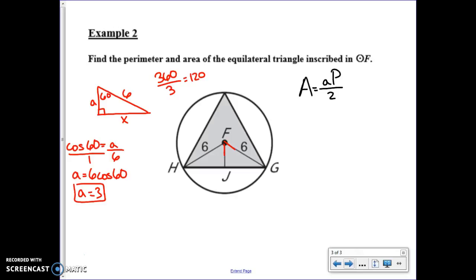So this time this side, x, is across or opposite, and we have the hypotenuse. So opposite and hypotenuse is sine. So sine of 60 is equal to x over 6. Cross multiply, so x is equal to 6 sine of 60. And then x is about 5.2. So that means a side length would be double that, so 10.4.